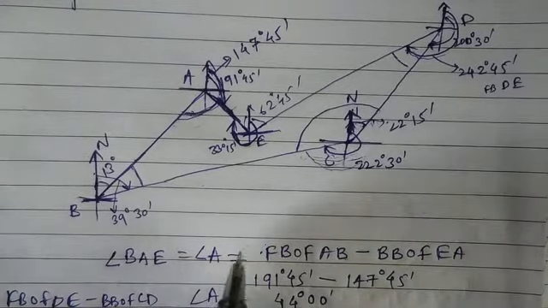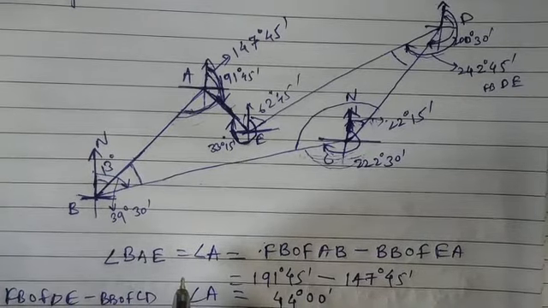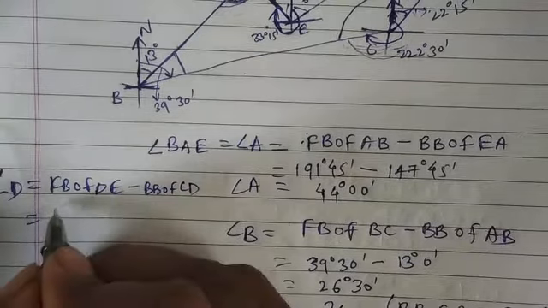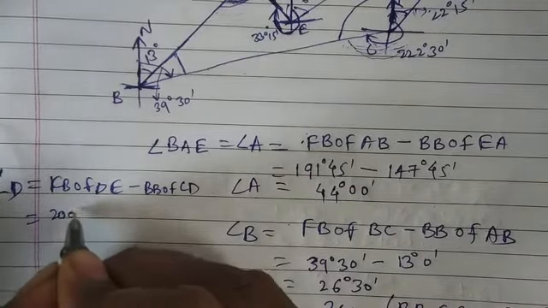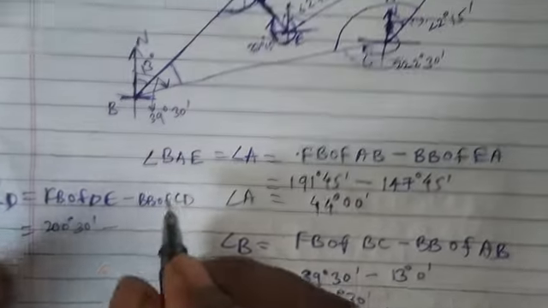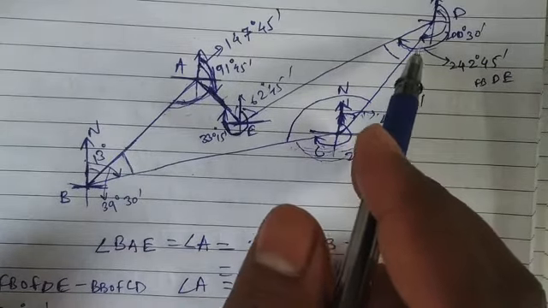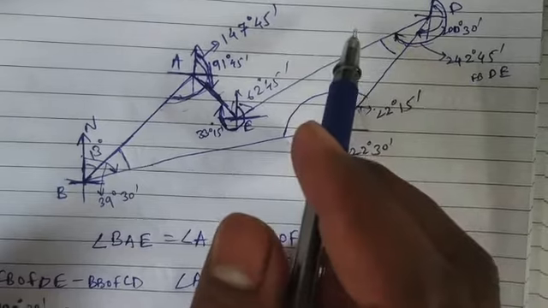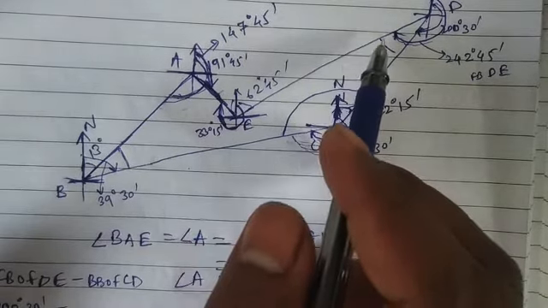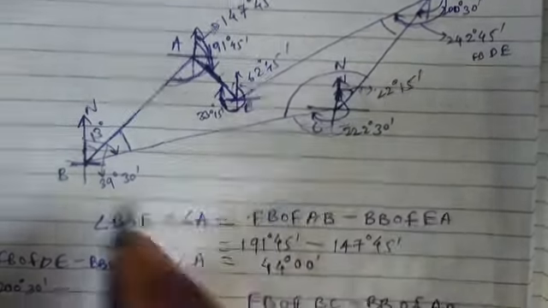Okay, so let's calculate it here. Fore bearing of DE is 200 degree 30 minutes. So it is 200 degree 30 minutes minus the back bearing of this line. Fore bearing is 242 degree 45 minutes.